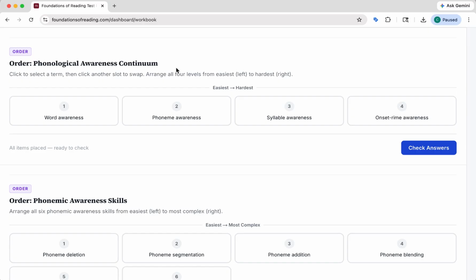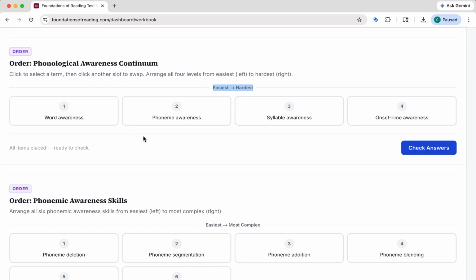Oftentimes professors have written the papers and done the studies, and we now know the most effective steps to teach, for example, phonological awareness. So the test will ask you to demonstrate your understanding between which is easiest to hardest, and we now need to put these in order.